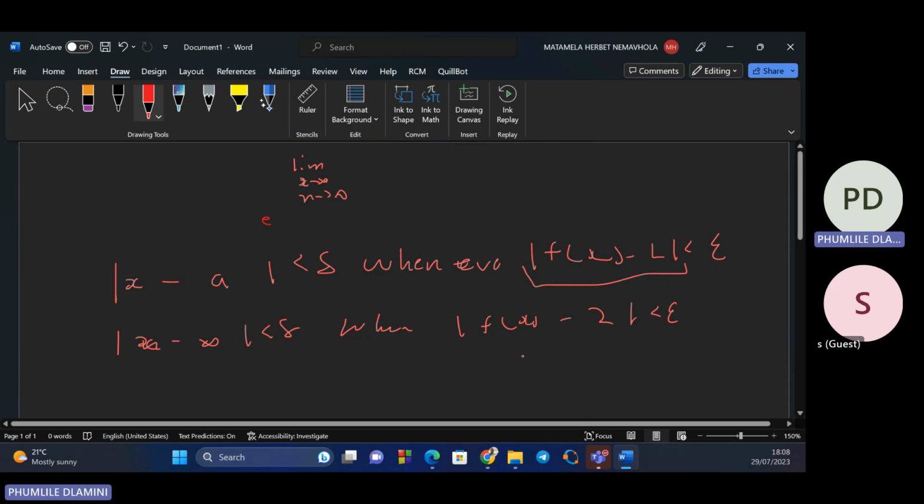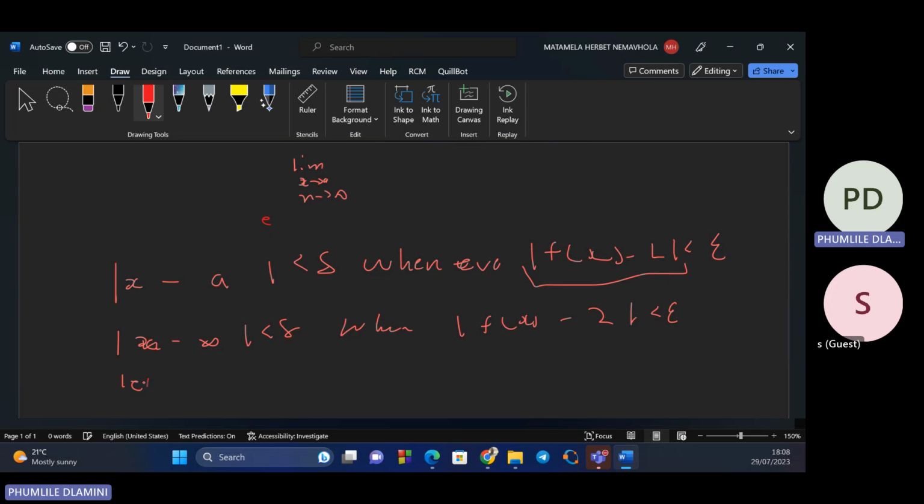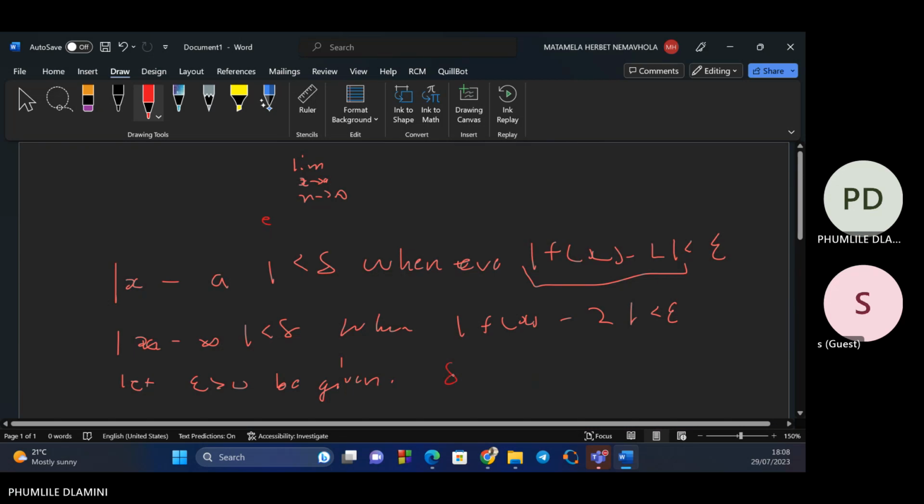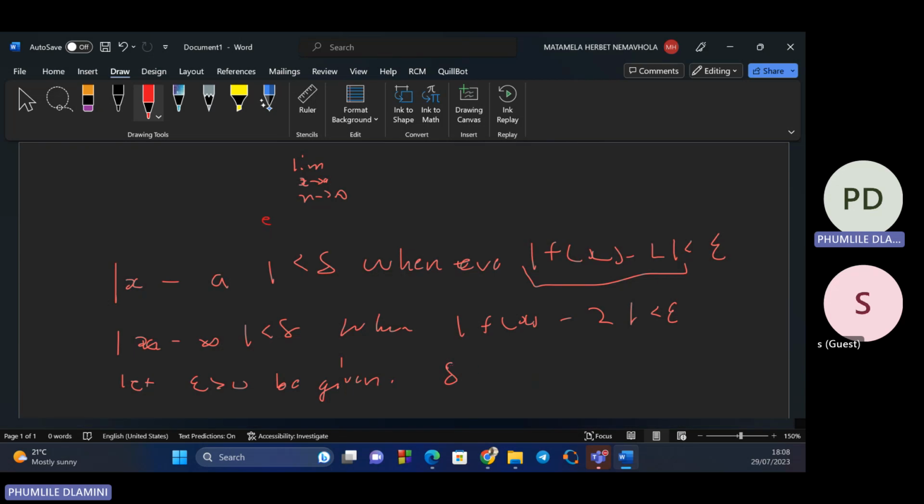So when we say let epsilon greater than 0 be given, then we were finding a delta in such a way that, because here we are working with numbers, this is real analysis, not calculus, we found an integer n.